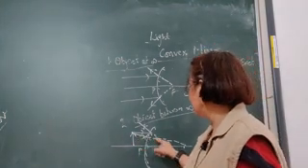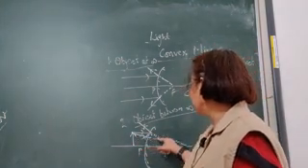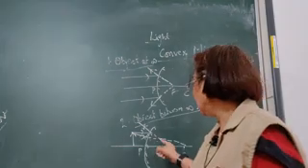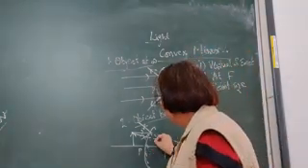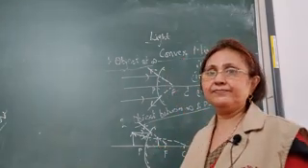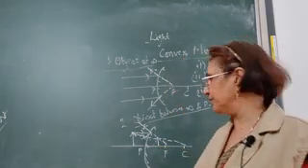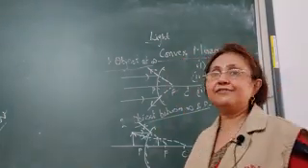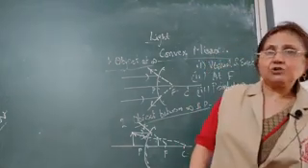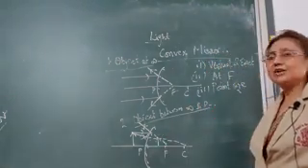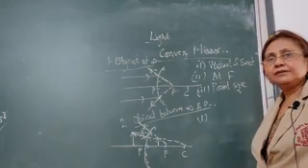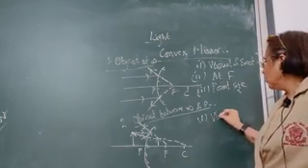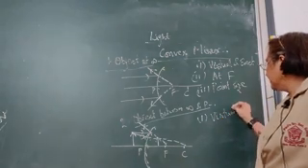So these are the extended reflected rays. They are appearing to meet at this point, so the image will be formed here. Wherever the reflected rays appear to meet, the image formed is virtual and erect. So the first point about the image: it is virtual and erect.